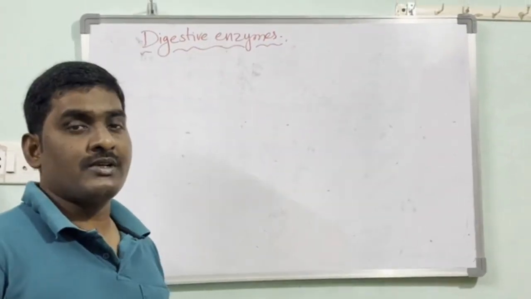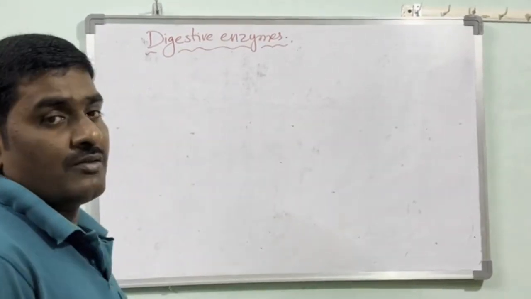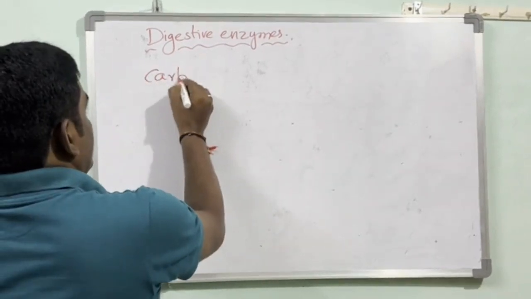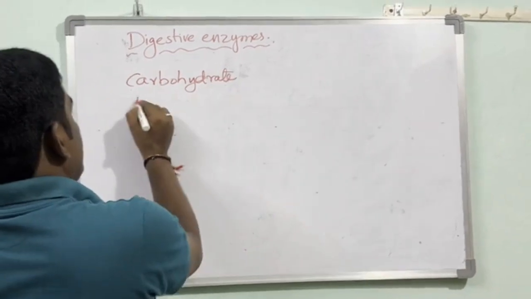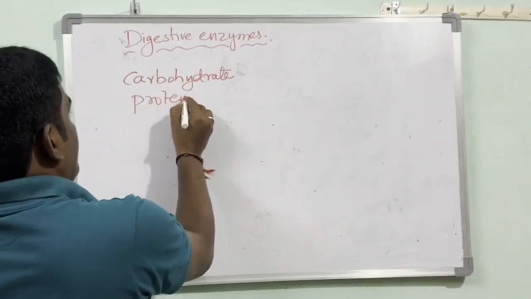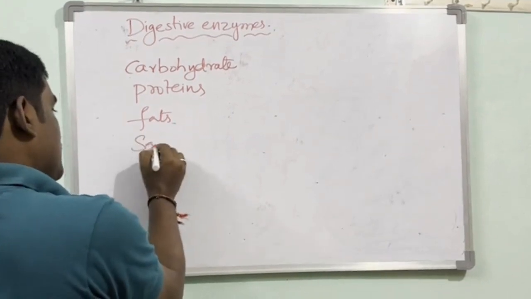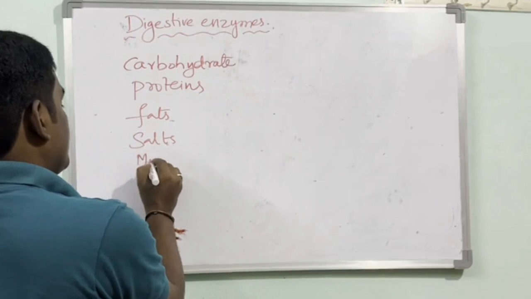Okay, today we are going to discuss digestive enzymes. In our food, what do we have? We have carbohydrates, proteins, and fats, along with salts and also minerals.